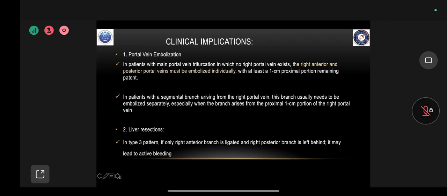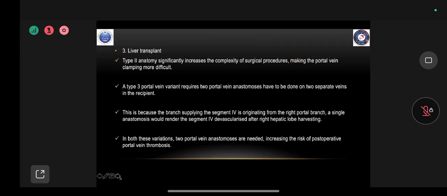Again, in liver resections, if you have a type 3 pattern and you have ligated only the anterior branch, the posterior is left behind, it may not completely get devascularized, and this may lead to troublesome bleeding during surgery. Complexity of transplant obviously increases because it's difficult to clamp.